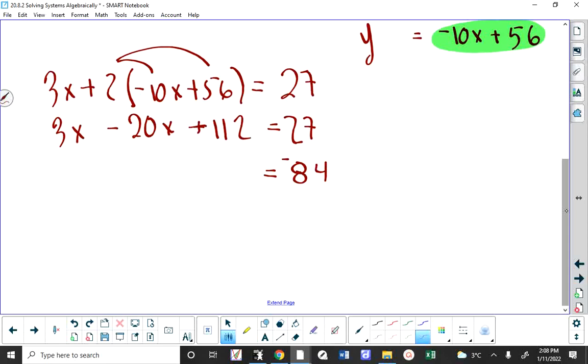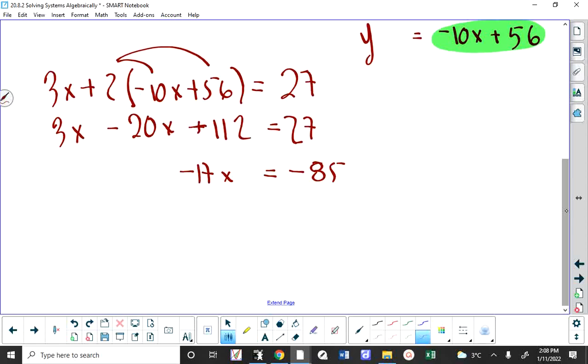Is it not negative 85? Negative 85. And then here I get negative 17x, I believe. 85 divided by 17. 5.